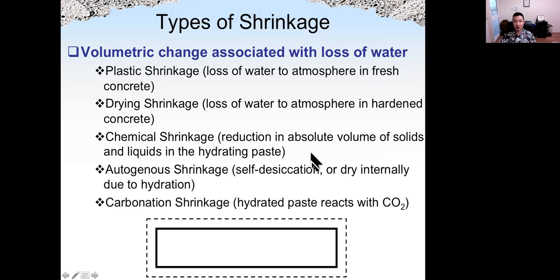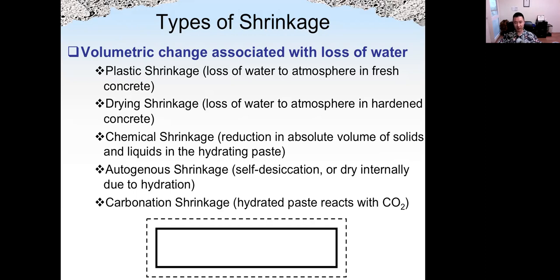For shrinkage, which is volumetric change due to loss of water, we have around 5 different types, including plastic shrinkage, which is the shrinkage due to loss of water to the air in fresh concrete. Dry shrinkage is loss of water to the atmosphere when concrete hardens after it sets.